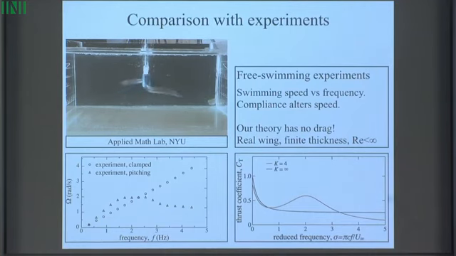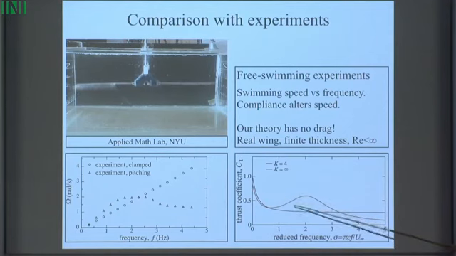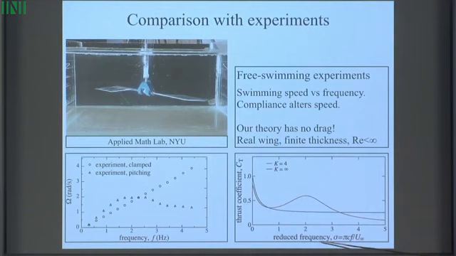Okay, so I want to put this into the theory, see if it captures similar behavior at all. But there's an immediate problem here in that the thrust predicted by the theory is always positive for all frequencies, all swimming speeds, right? So what would happen if I set this thing free, like in the experiments, is it would just continue to accelerate indefinitely, and it would never reach a steady swimming speed.